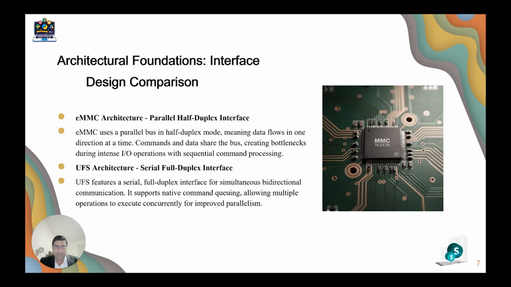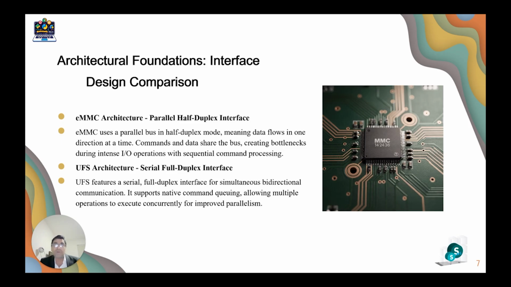Now, when you want to compare, I'm going to go a little bit deeper here. We have the half-duplex mode. Half duplex always creates bottlenecks, right? Because when you have eMMC running in half duplex, you have to transfer your commands and data on the same bus. That really creates bottlenecks, and the IO operations are not fully sequenced.